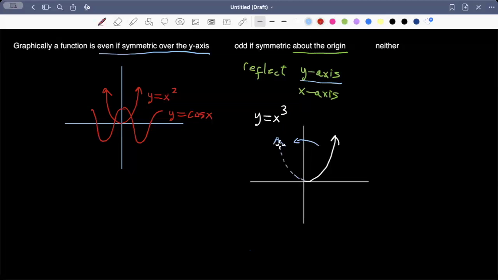Okay, so if I took this and I did the reflection on the x-axis, it would show up down here. And that's the second half of the y equals x cubed function. See, that's y equals x cubed. So it's odd.